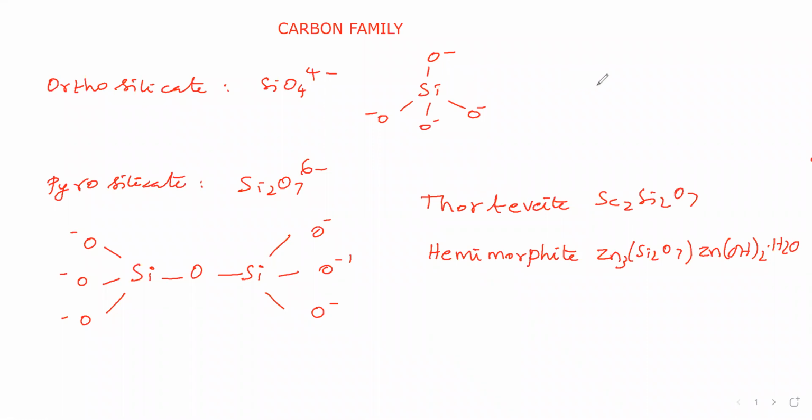Silicon atom we will represent as a dot. This dot represents a silicon atom. Then this silicon is surrounded by 4 single bonds. These 4 single bonds form a tetrahedral.